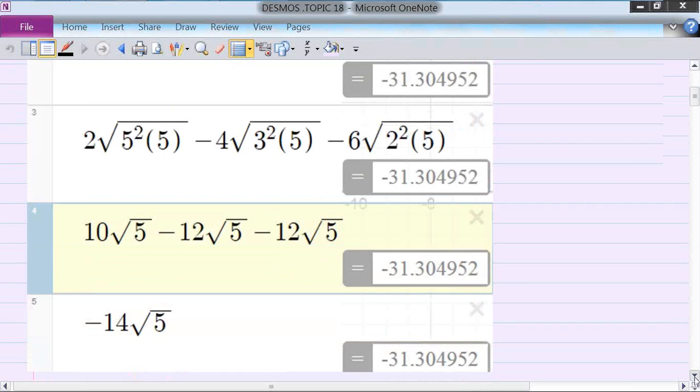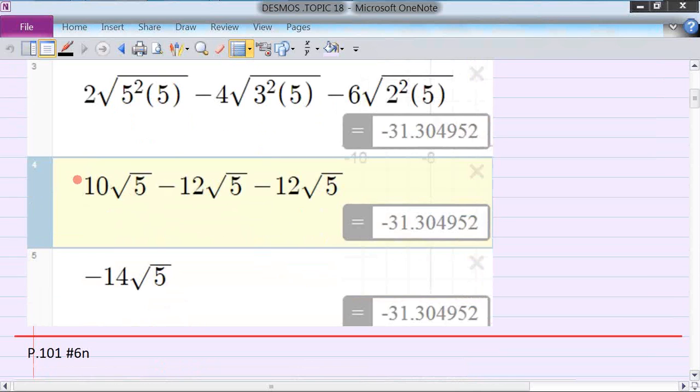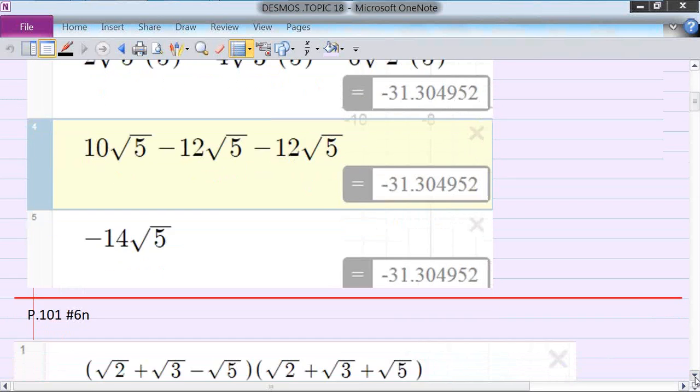Now I can factor out root 5, and 10 minus 12 is minus 2, and minus 2 and minus 12 is minus 14, so I get minus 14 root 5. Notice this number doesn't change, and so this becomes a useful way of verifying that we've done the problem correctly.